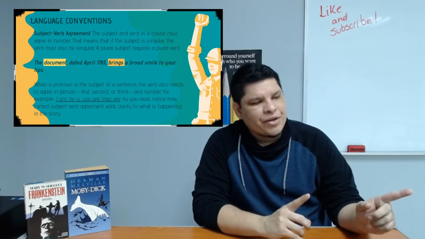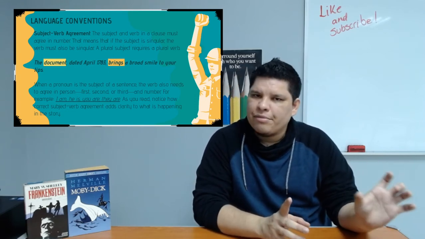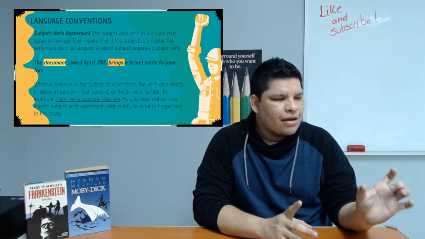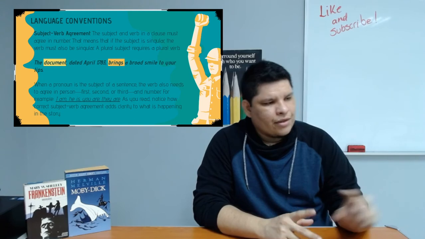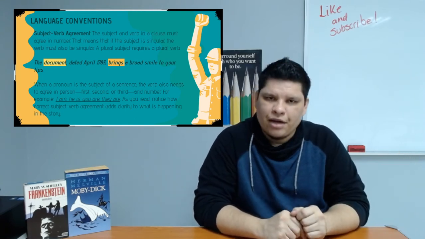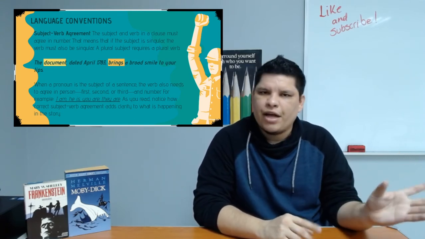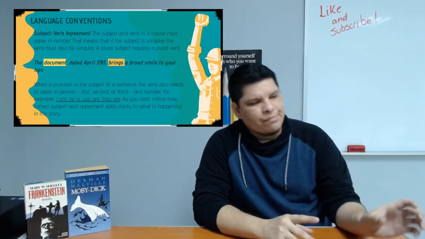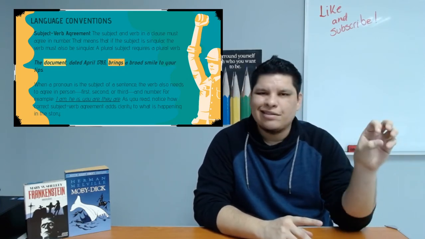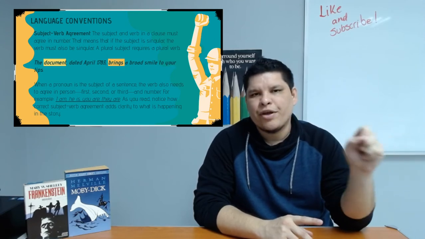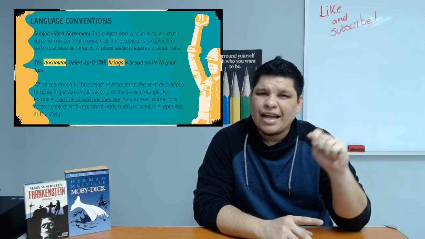In this example, we see the document. Document is the core of the noun phrase, that is the subject. The word the is just a determiner. But the main word in the noun phrase here is document, and that's the word with which the verb must agree in number.